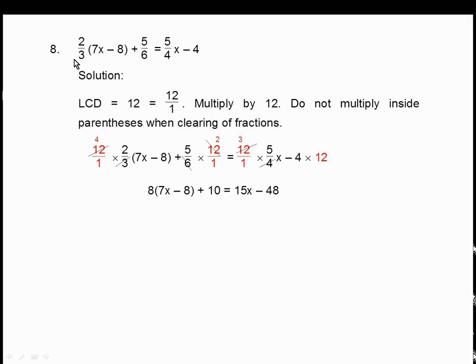Again, all of the numbers outside of parentheses were multiplied by 12. Now we're ready to distribute the 8. So I'll have 56x minus 64 plus 10 is equal to 15x minus 48.